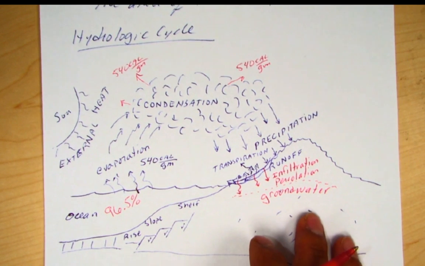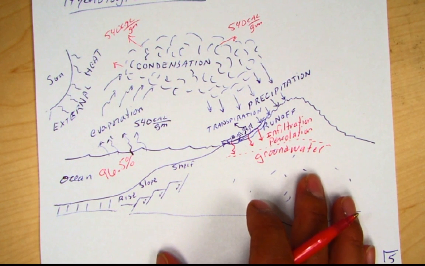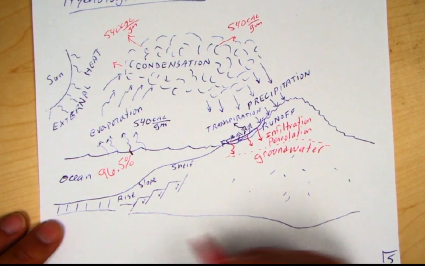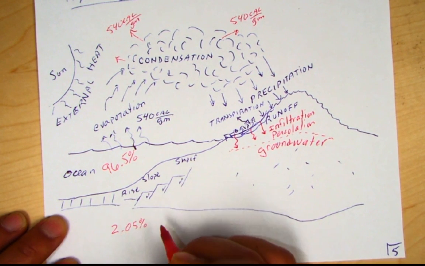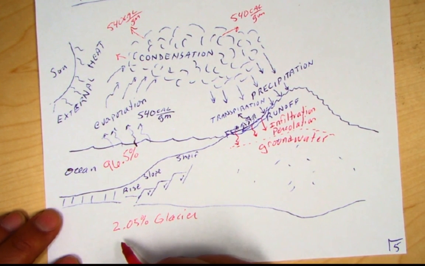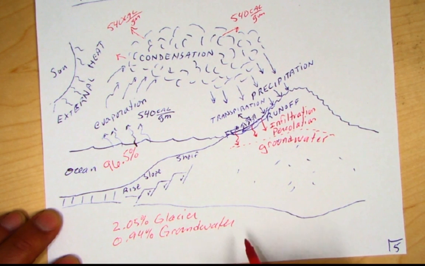Of that 3.5%, a little over 2%, let's put 2.05%, is glacial. And then the next important one is the groundwater. 0.94% is groundwater, and that's water that occurs in the subsurface.